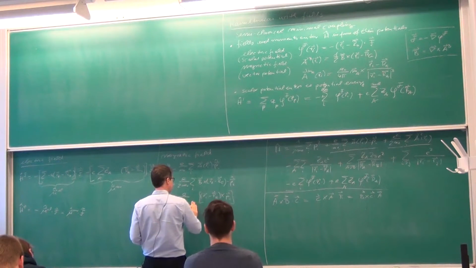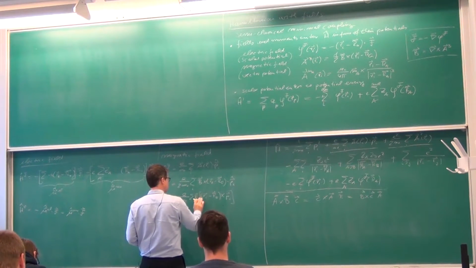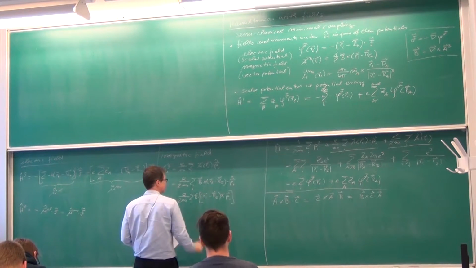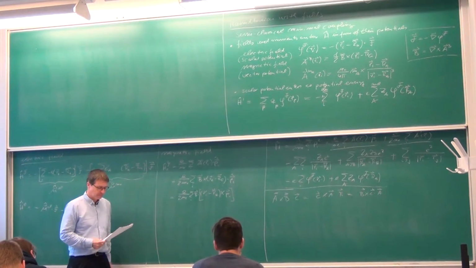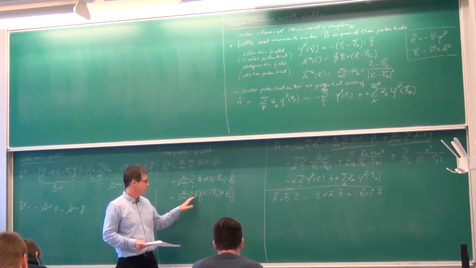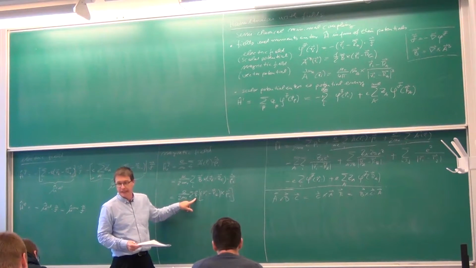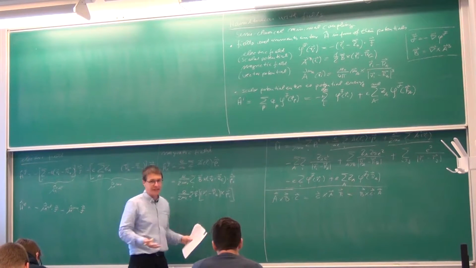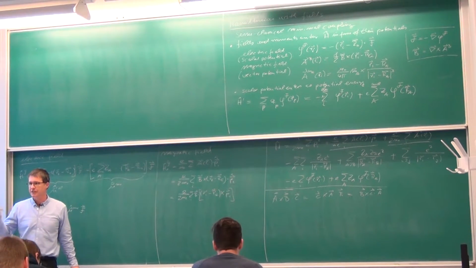And then I can have the sum over i, and the magnetic field in front of it. The gradient operator is not going to act on it, but it doesn't matter, I could put it behind because the magnetic field is a constant field here, so it doesn't depend on position in space.